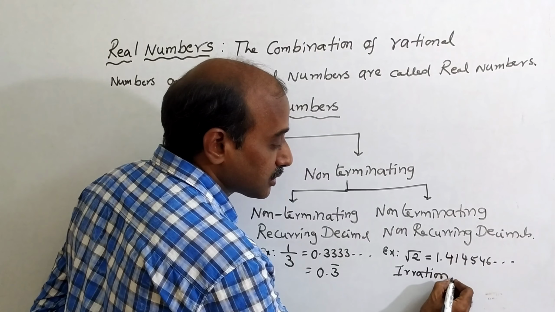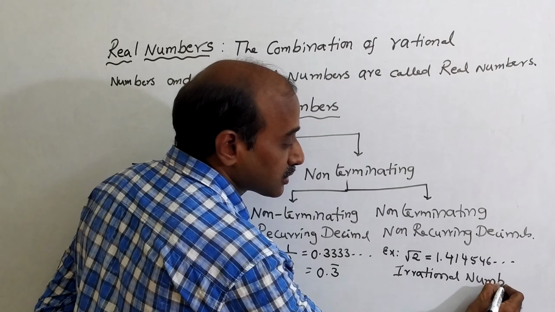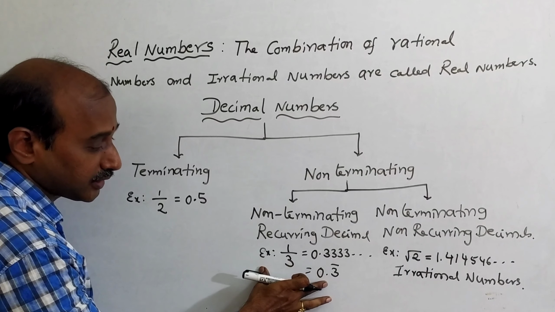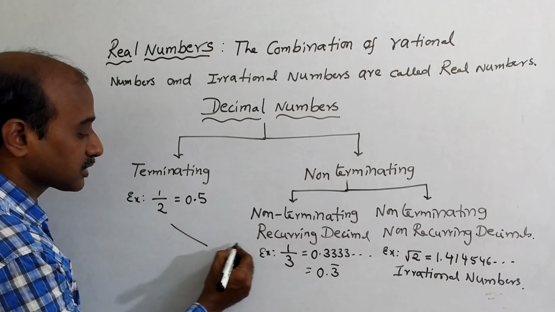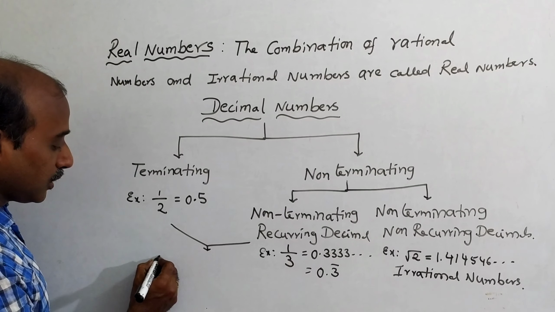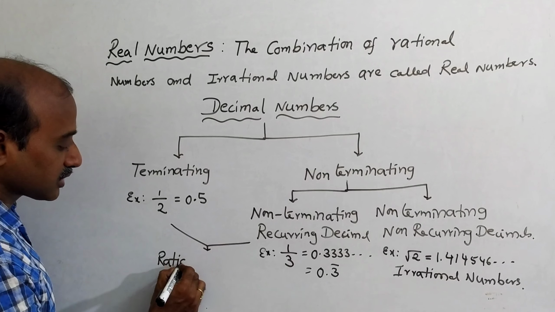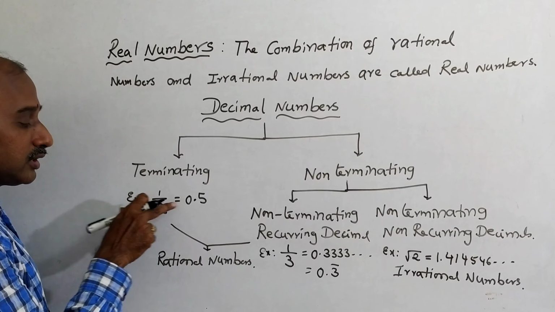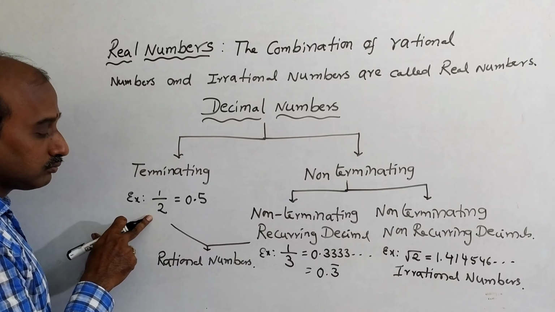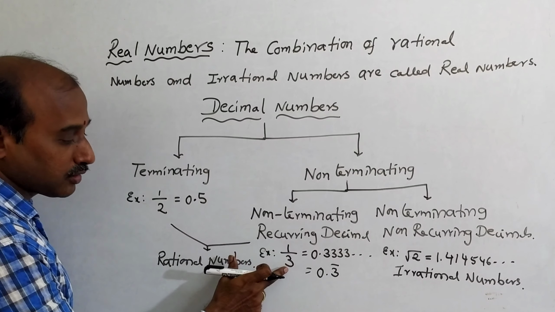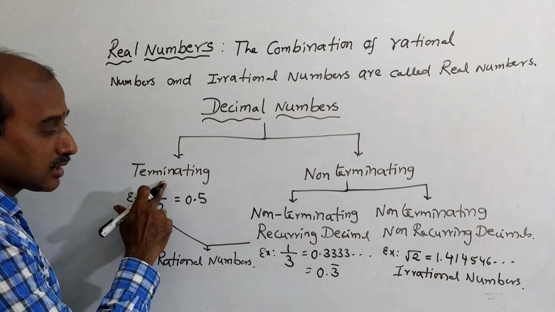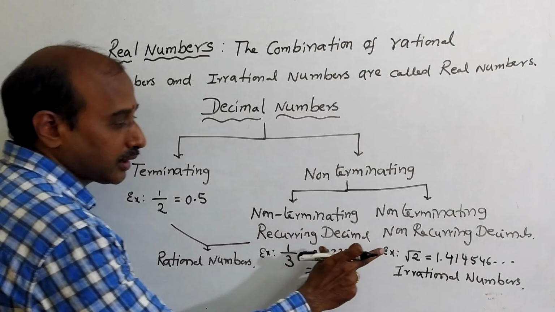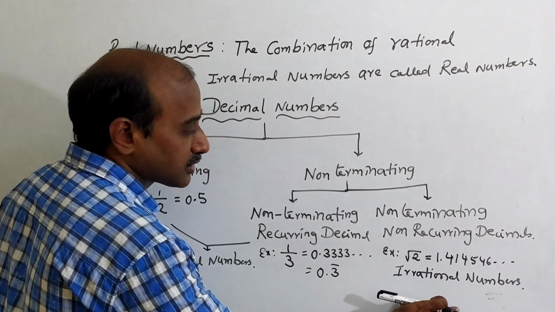Terminating decimals and non-terminating recurring decimals we can say are rational numbers, because you can convert them into a fraction in P by Q form. Non-terminating non-recurring decimals we call irrational numbers.